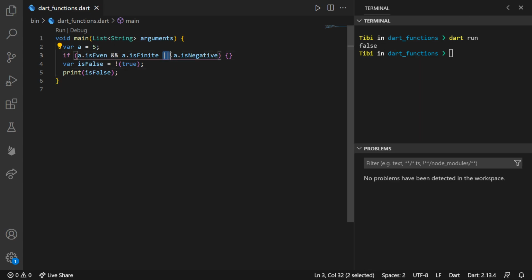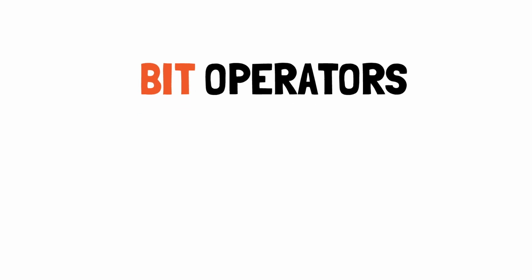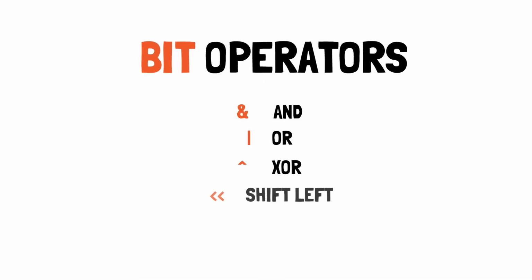You can see that the logical OR and AND operators have double vertical slashes and double ampersands. Note that in Dart, there are also operators having only one vertical slash and one ampersand. Those are bit operators. So let's talk about them up next.